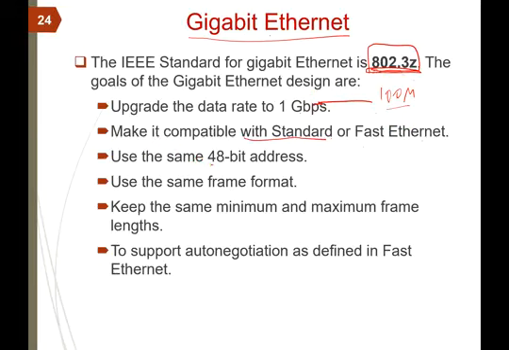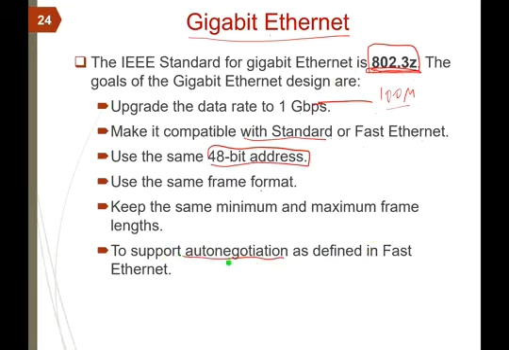It still uses the same physical address. The MAC address is still the same, and it uses the same Ethernet frame format, and keeps the minimum and maximum frame lengths. So all the same: the physical address, the frame format, the lengths of the frame, minimum and maximum. And it still also supports auto negotiation as defined in fast Ethernet.